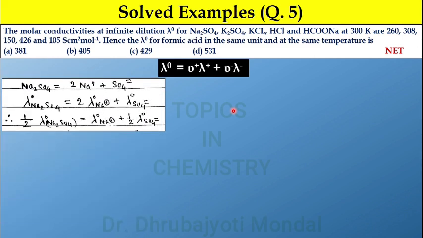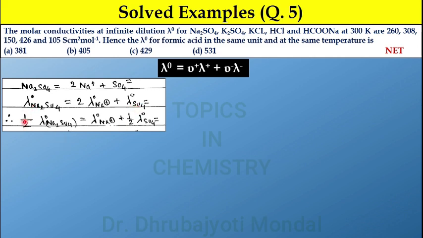Now, if you see for Na2SO4, what you can write? Na2SO4 dissociates into 2 Na plus plus SO4 2 minus. So the number of cations is 2, the number of anions is 1. Okay, so how can I write? Lambda 0 Na2SO4 is equal to 2 lambda 0 of Na plus plus lambda 0 of SO4 2 minus. Clear?